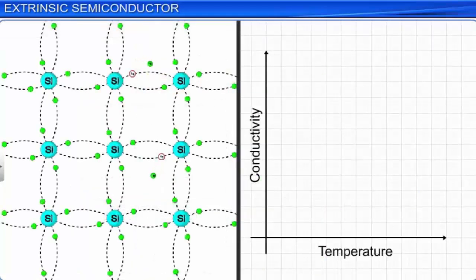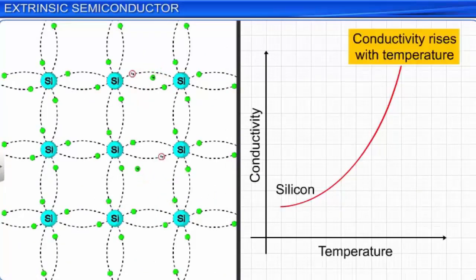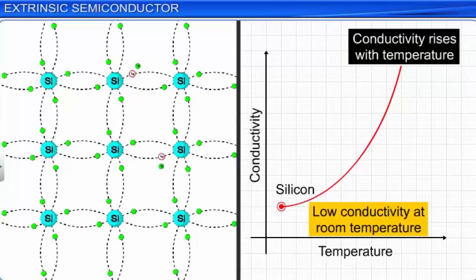The conductivity of an intrinsic semiconductor increases with rise in temperature, as more electrons break away from the covalent bonds of the semiconductor atoms. However, at room temperature, intrinsic semiconductors have very low electrical conductivity.